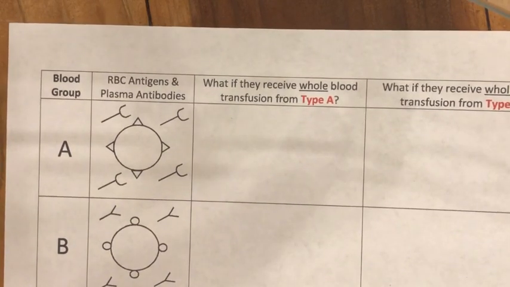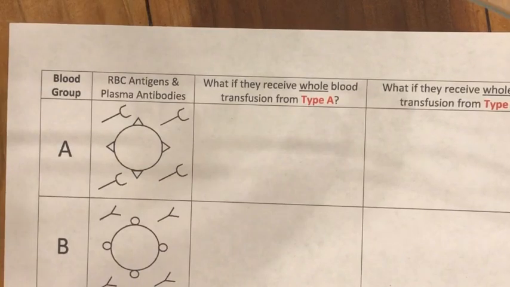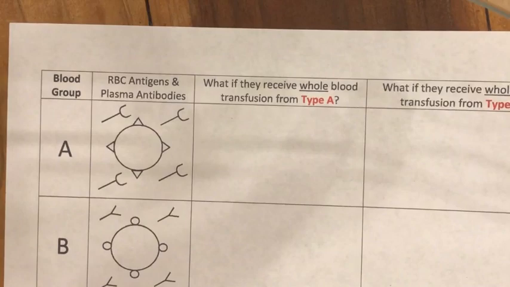And of course, we're only going to talk about the antibodies relevant for our blood typing discussion today, but there are a whole lot more antibodies in the blood besides what we're looking at.